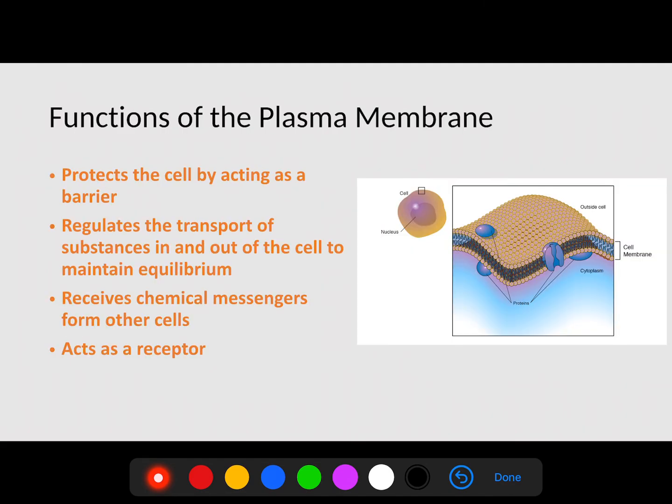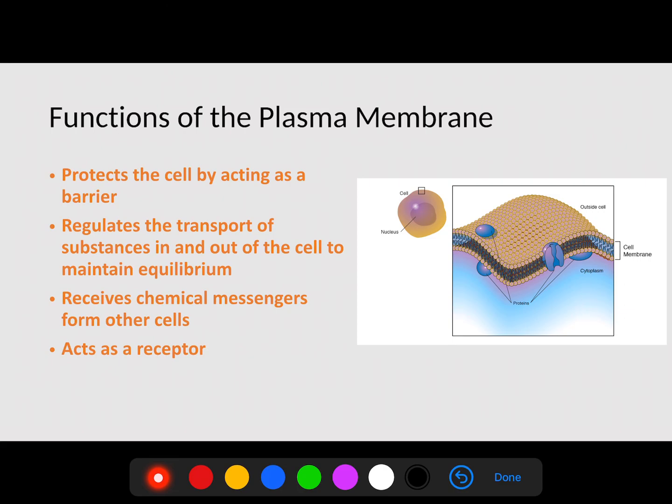Now let's talk about a few functions of the plasma membrane. First of all, it protects the cell by acting as a barrier. Two, it regulates the transport of substances in and out of the cell to maintain equilibrium. Three, it receives chemical messages from outside the cells. And four, it acts as a receptor. The big one is that it is a great barrier for our cells.